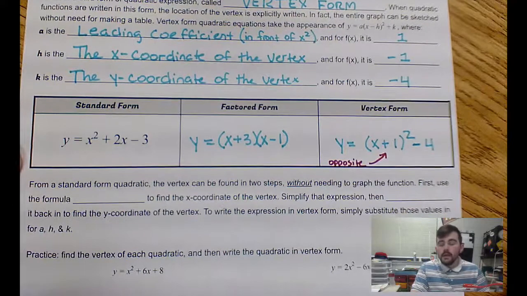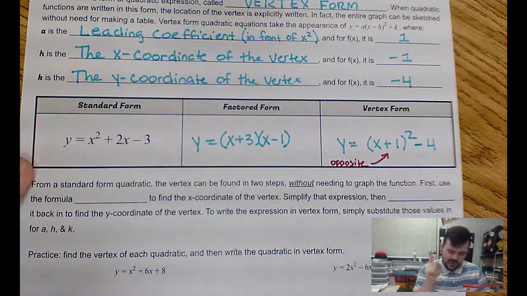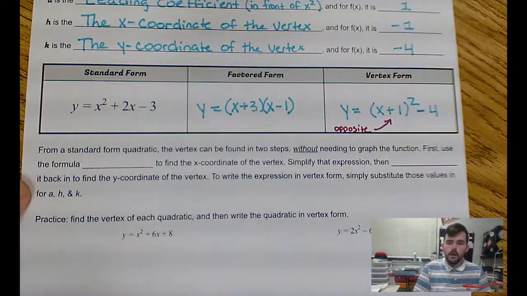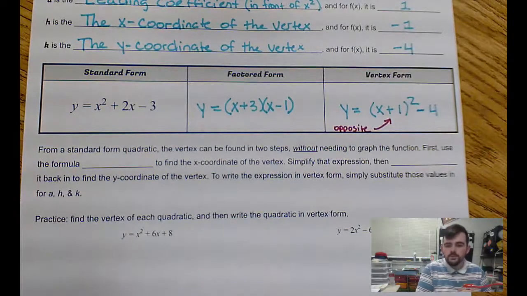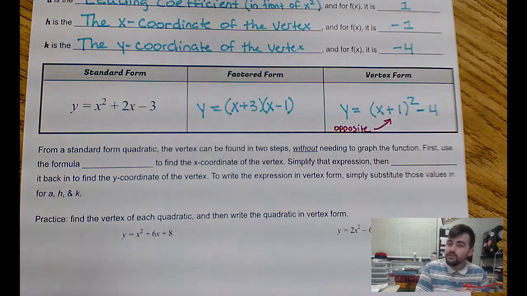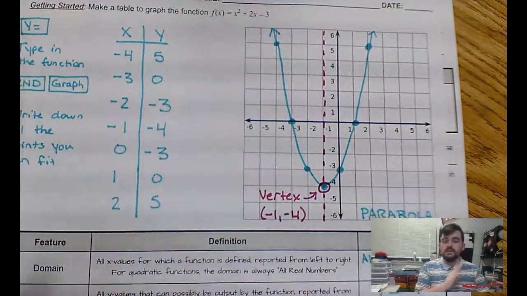So, from a standard form quadratic, this is the main idea. Let's keep going on. From a standard form quadratic, we can rewrite it into vertex form by finding the vertex with 2 steps, and we don't need to graph the function. So, all of these steps that we took at the very beginning, not necessary.